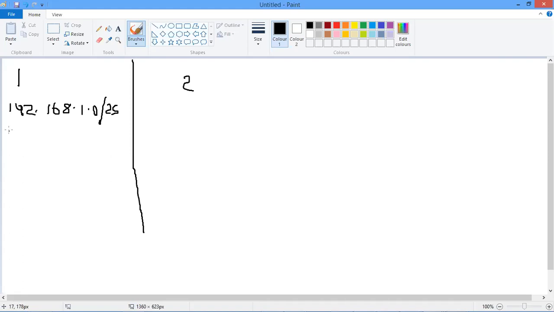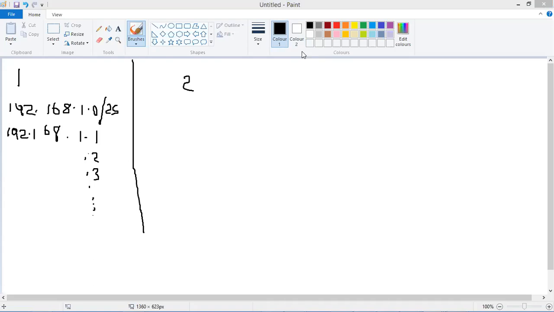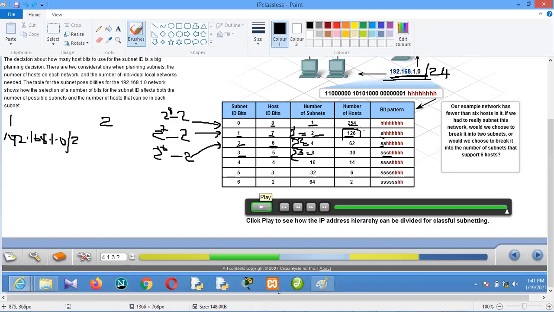So valid IP addresses are going to be 192.168.1.1, .2, .3 till, if I have borrowed 1, how many hosts per network? 126.